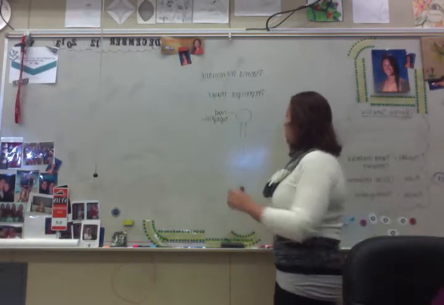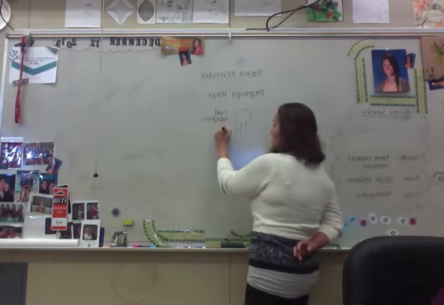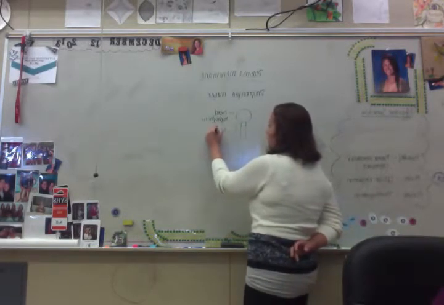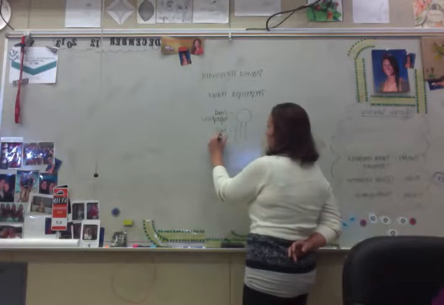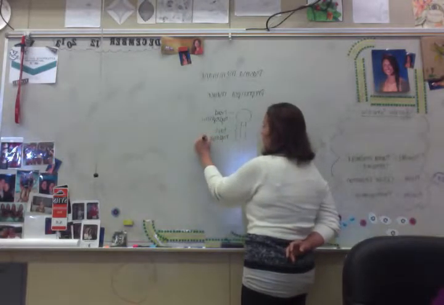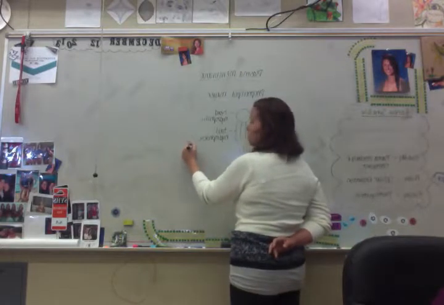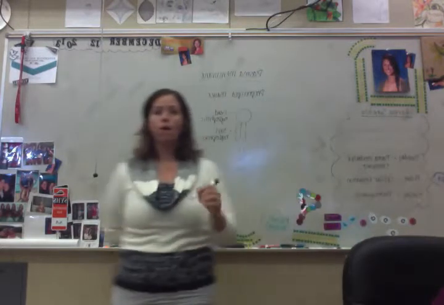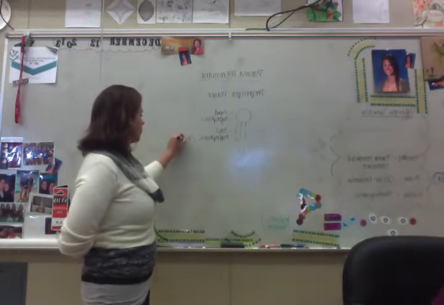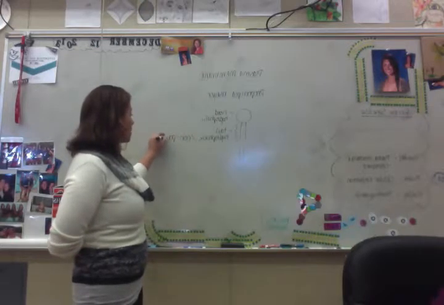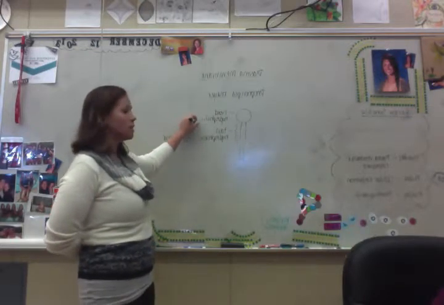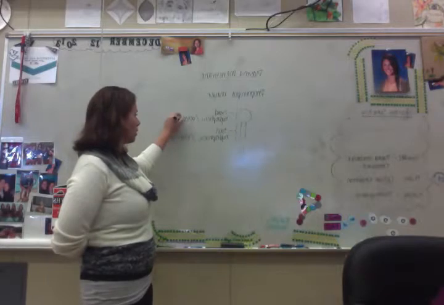All right, this region is the tail, and it is hydrophobic. Other terms that we use other than hydrophobic, we also say that it is nonpolar. The tail is nonpolar, the head is polar. Okay.